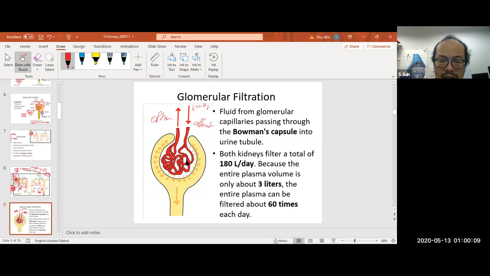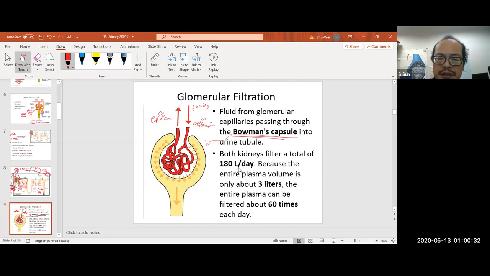Everything is pushing out. Not everything, small things. And this is also encapsulated by Bowman's capsule. So here is called Bowman's capsule.